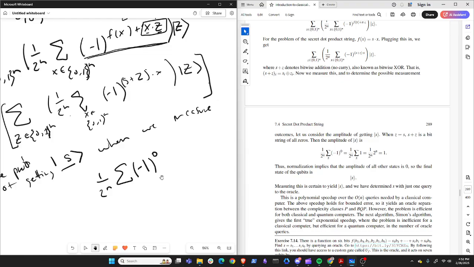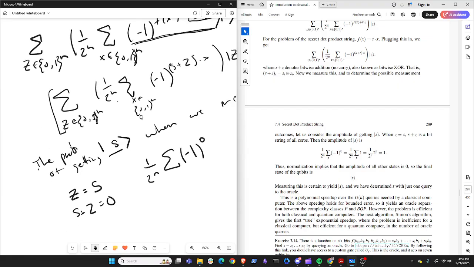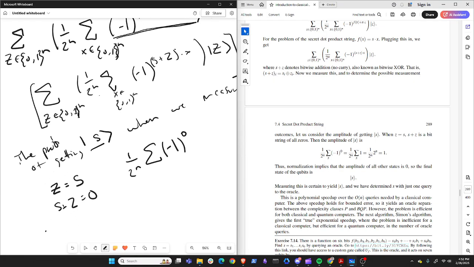because when z equals s, then our bitwise addition equals all zeros, like we saw before, where s and z are both the same. We get a string of all zeros.